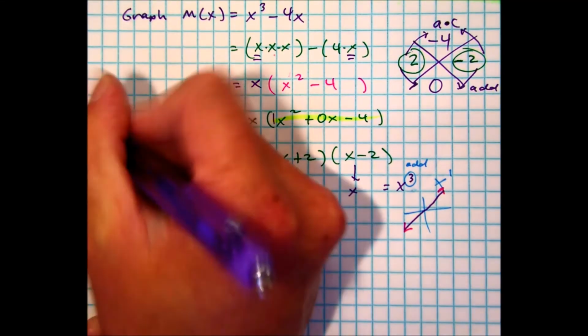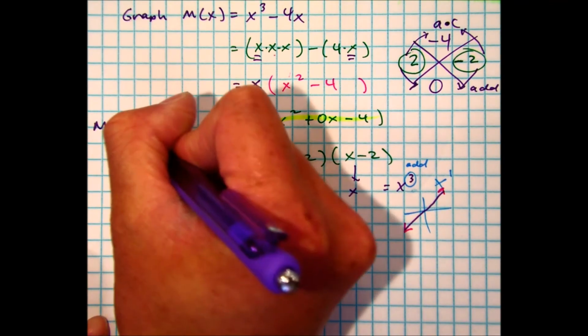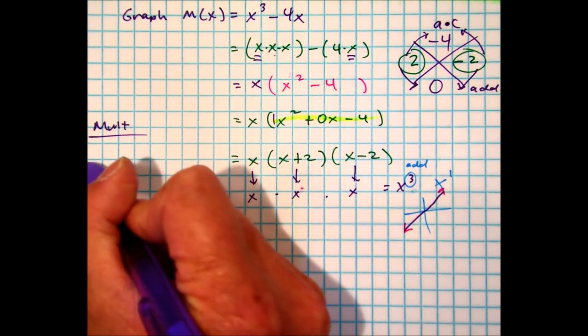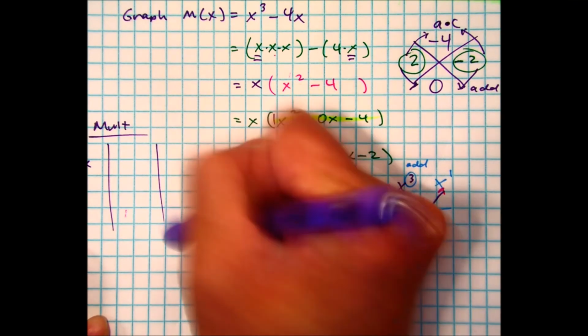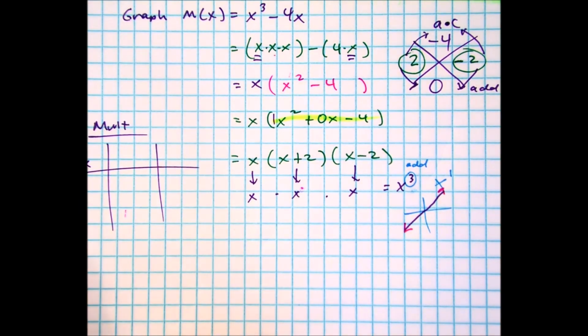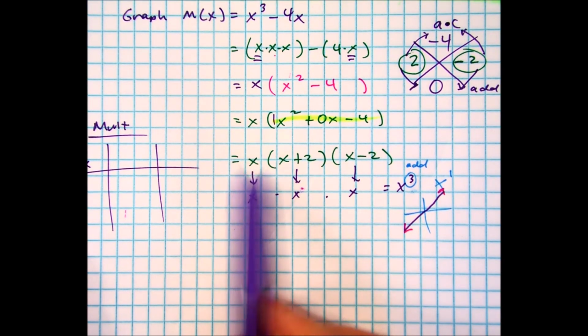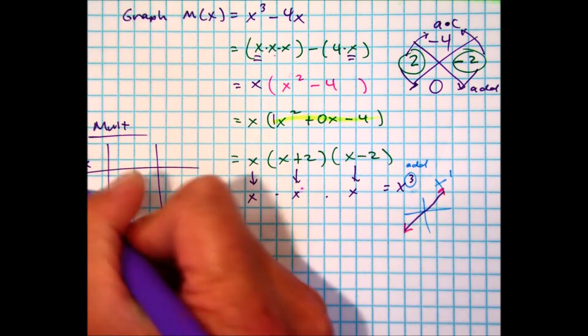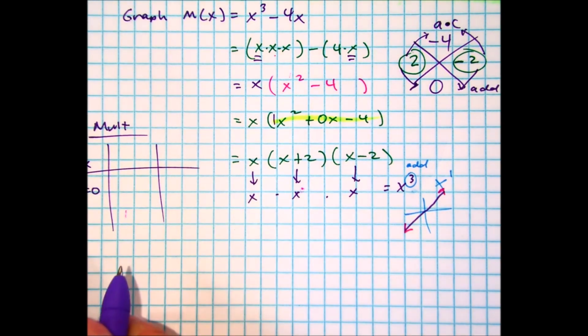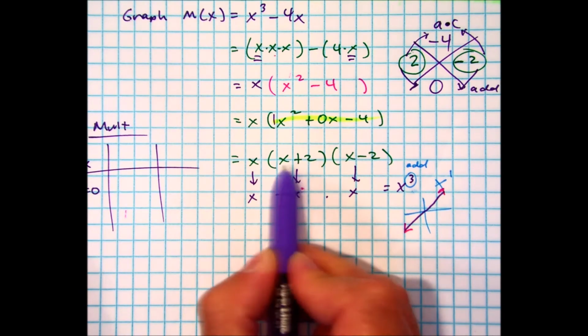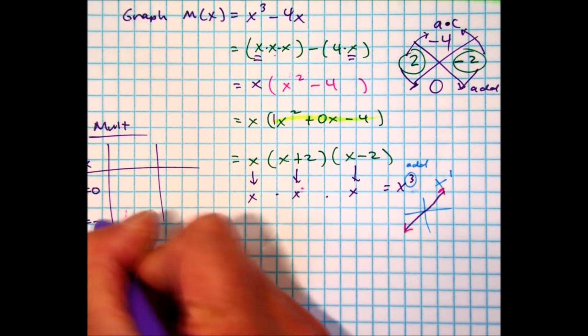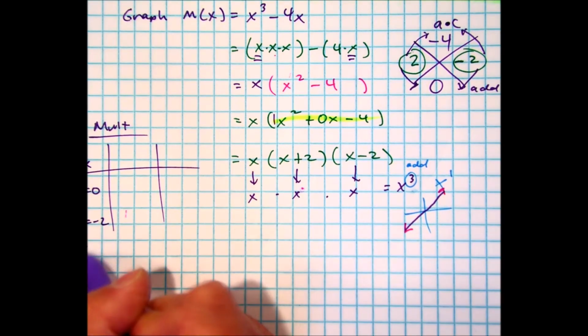Now we can just do something called multiplicity. You can use a quick chart. Helps me stay organized. Class, here, x is equal to 0, right? 0 product rule. X is equal to -2, and x is equal to +2.